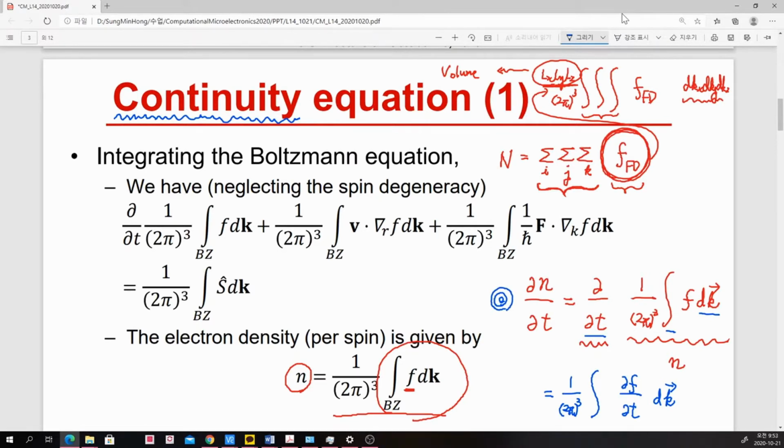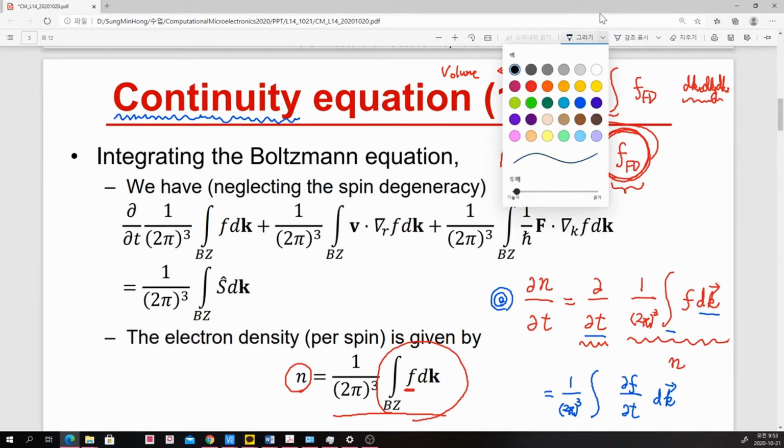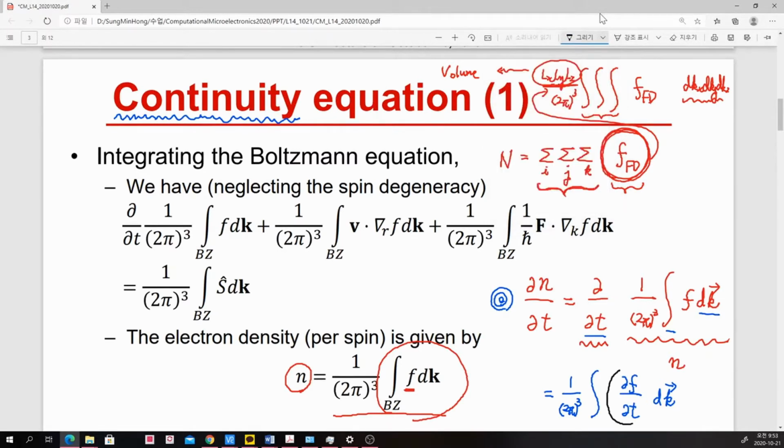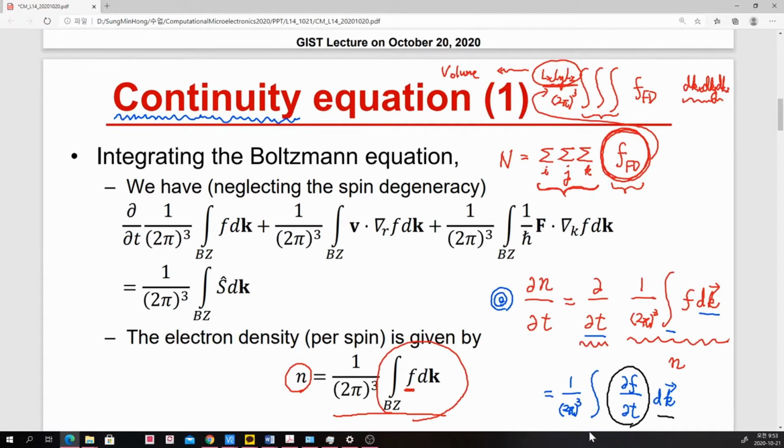So simply speaking, if we integrate round f over round t, the time derivative of our electron distribution function, over the momentum space, that will give you round n over round t.